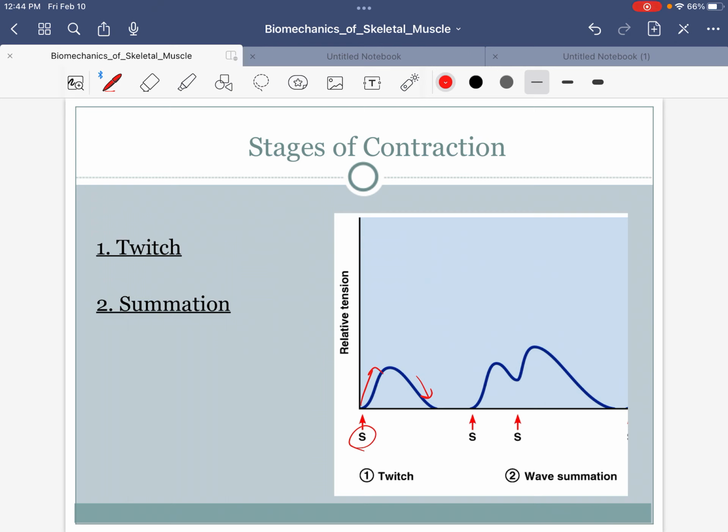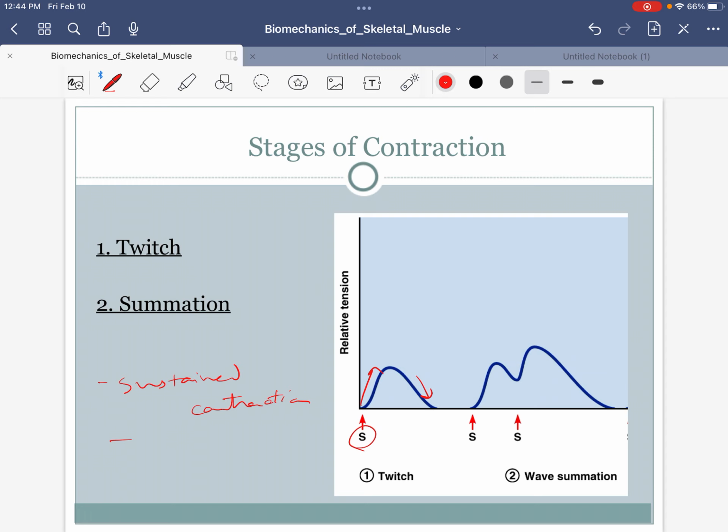One nerve impulse and one cycle of contraction gives you a twitch and then you're done. But most of our actions require sustained muscle contraction. When we want to have a sustained contraction, we want to send repeated nerve impulses.